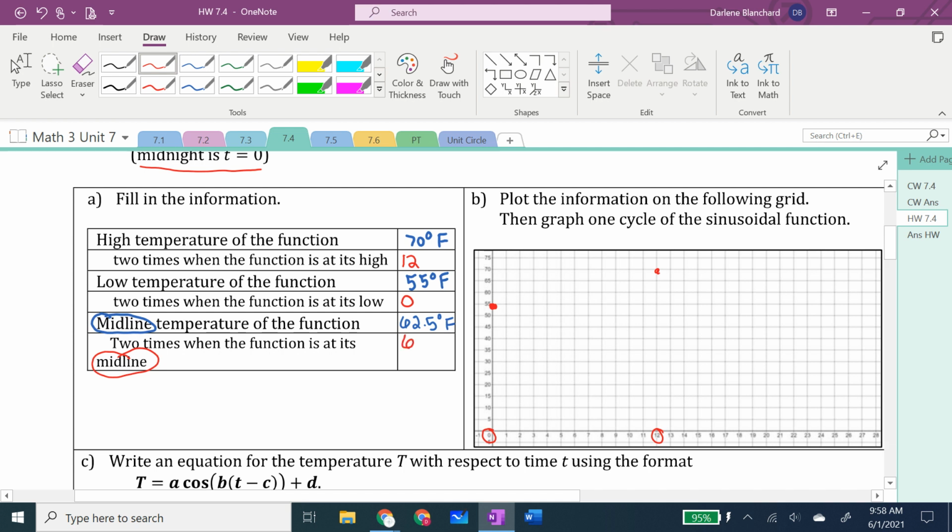Now, based on that information, and let me plot that midline point about there. Now, based on this, can you figure out a second time for each of these? Like a second midline one could be at 18. Right.